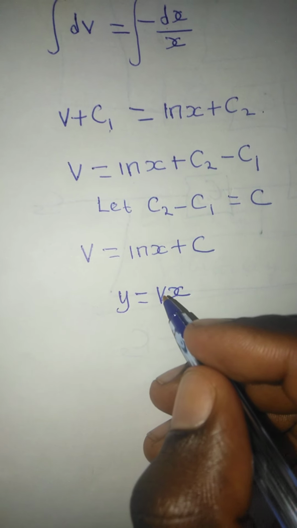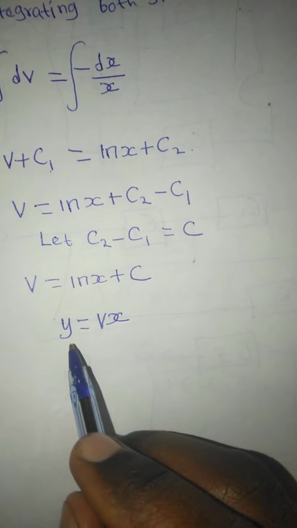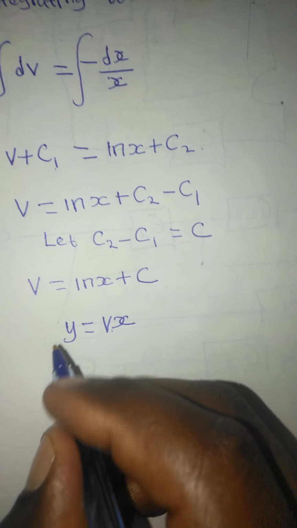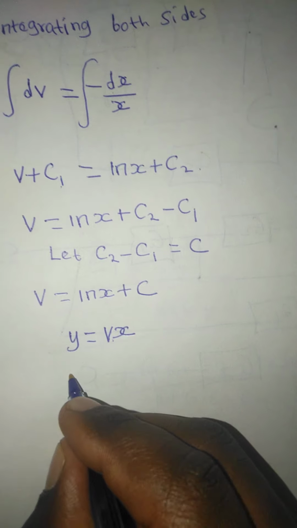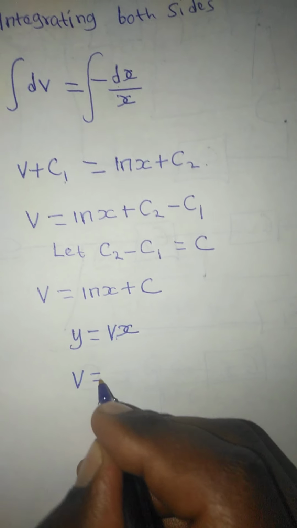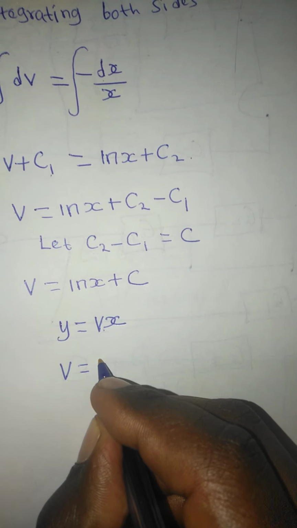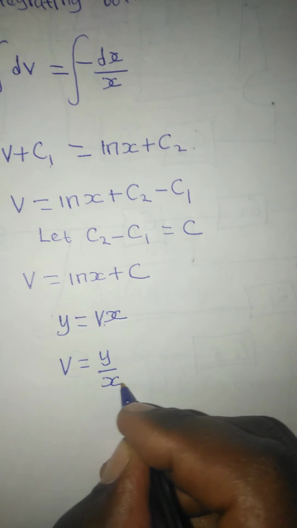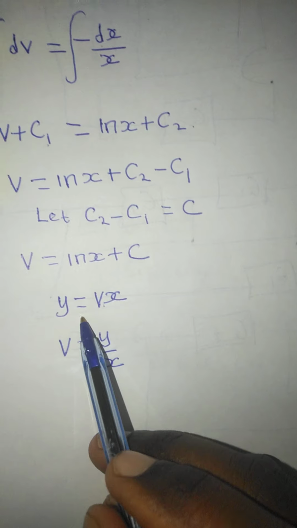So from here, the value of v is equal to y all over x. This is the value of v from this one.